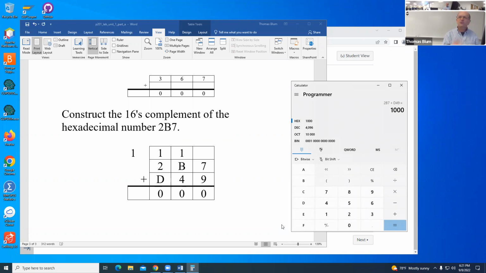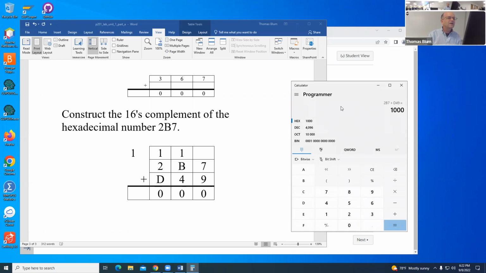And then there's this extra one that we used to call overflow, but we're not going to call it overflow now. Since the part that's there and we care about is 0, we're going to say that D49 is really the negative of 2B7, or at least it's possible for us to interpret it that way if these are signed hexadecimal numbers.